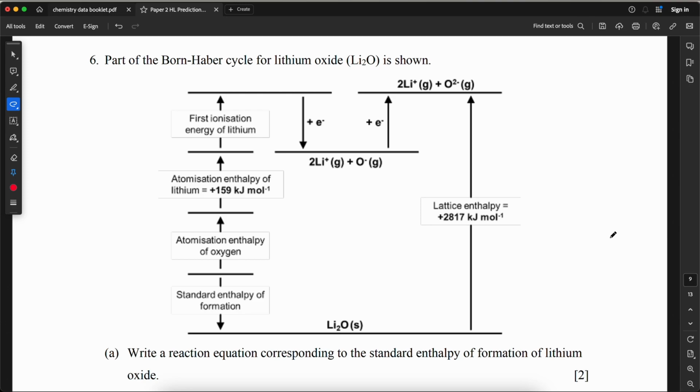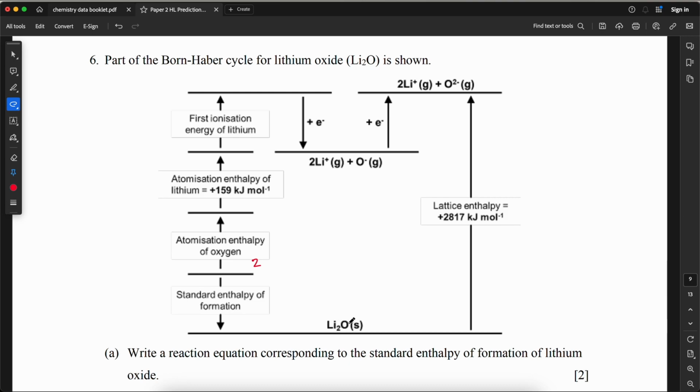Now, part of the Born-Haber cycle for lithium oxide, Li2O, is shown. So there is Li2O solid, and the atomization enthalpy of oxygen. It is not necessary to write this reaction, but I'm just writing it so you can understand how to construct the Born-Haber cycle.